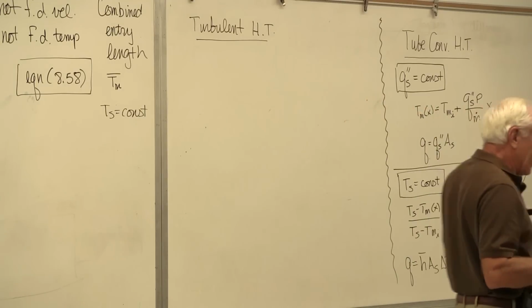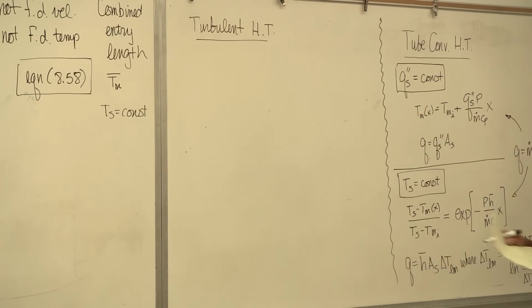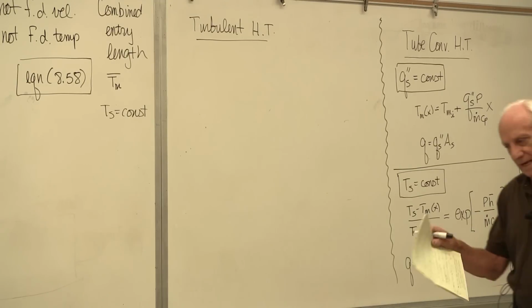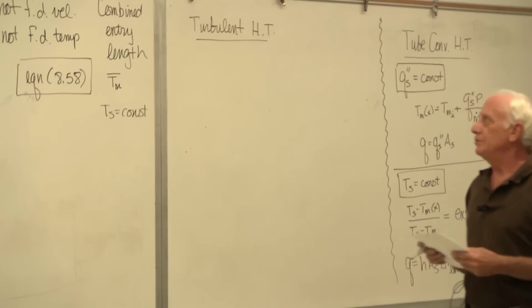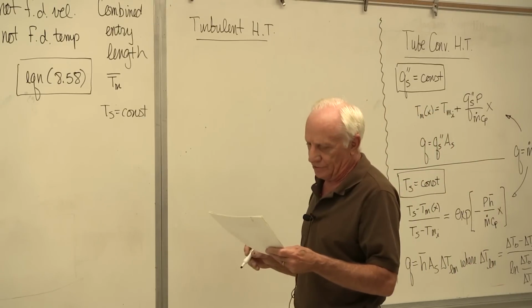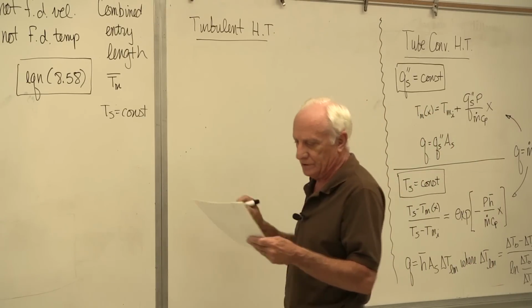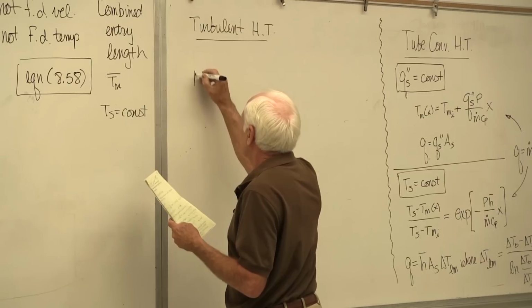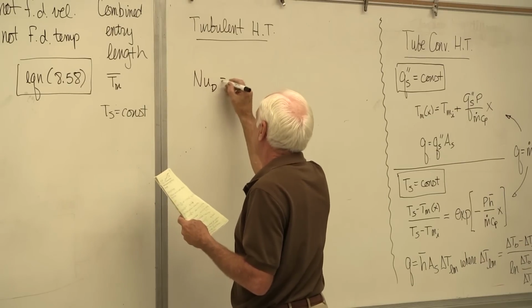You can then relate that to the heat transfer. That's the Reynolds analogy. It's in chapter 6. You use that to develop these equations. There are about three of them in the chapter, but the only one we're going to use is this equation. Nusselt D bar.